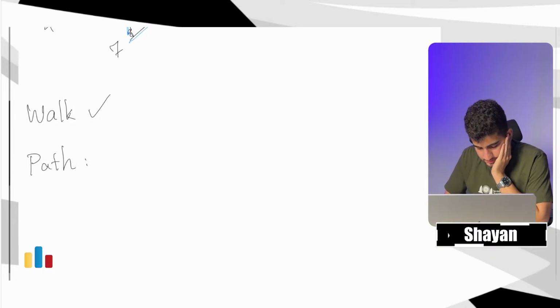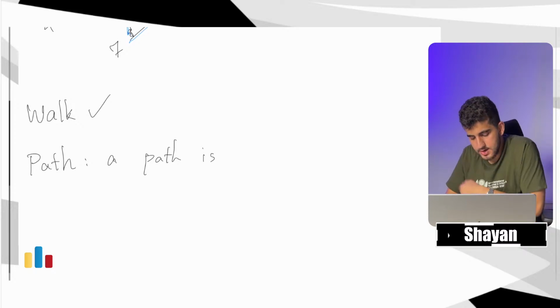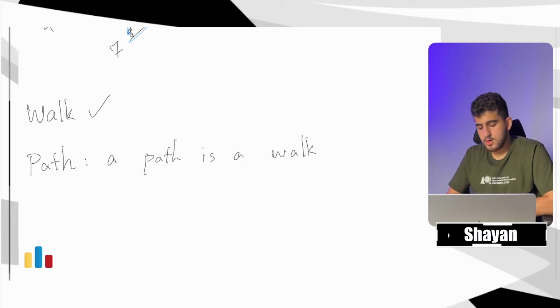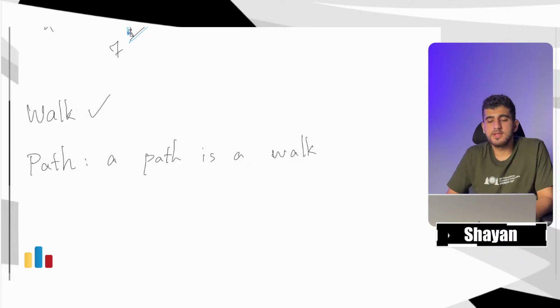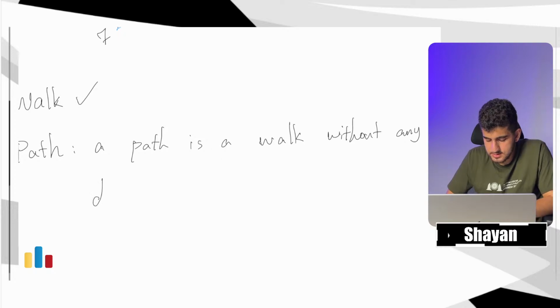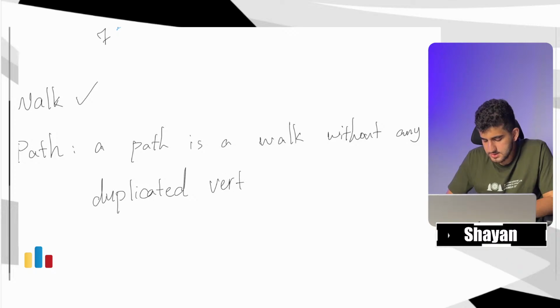A path is a walk without any duplicated vertices and edges.